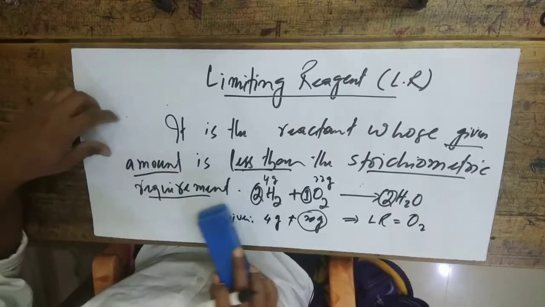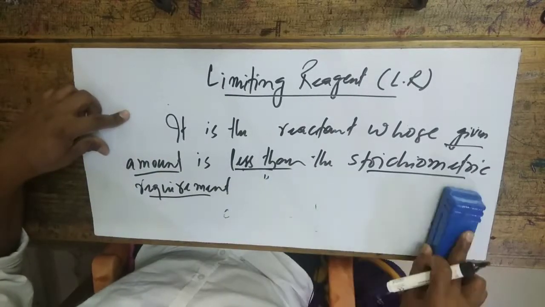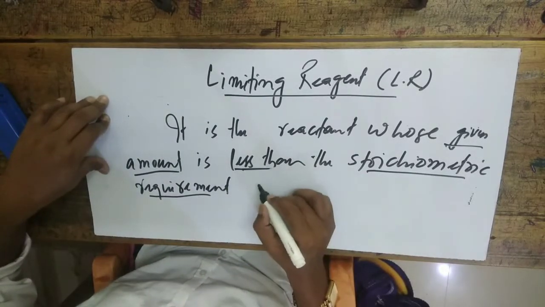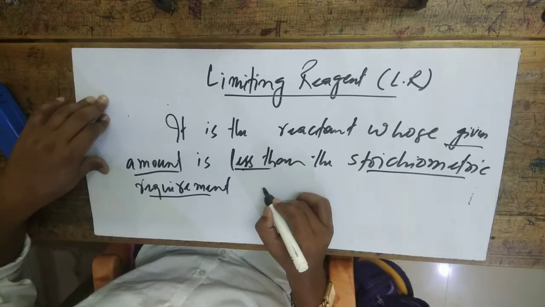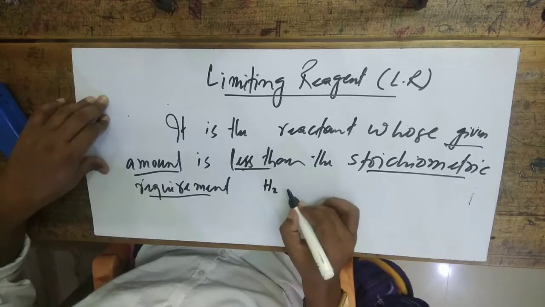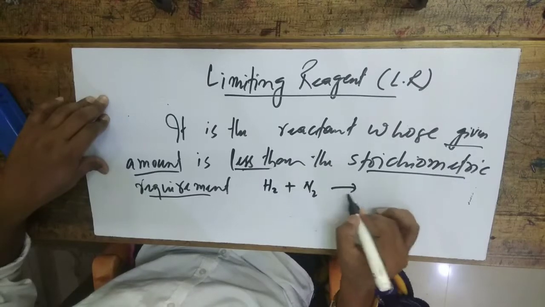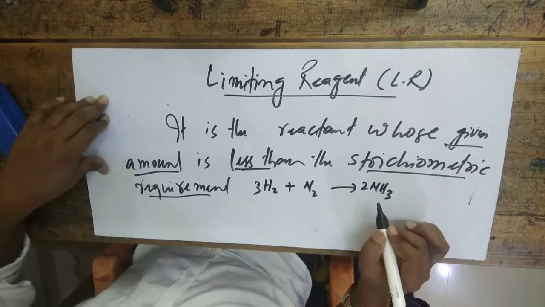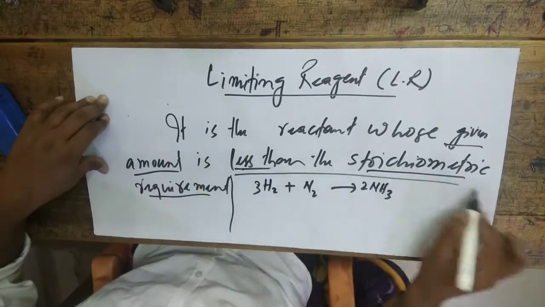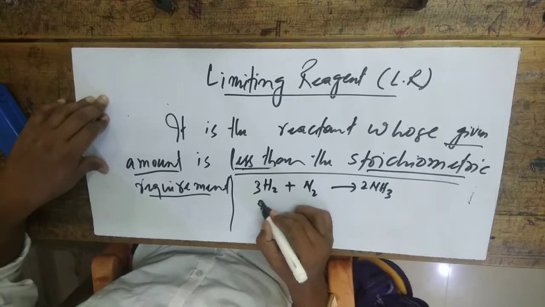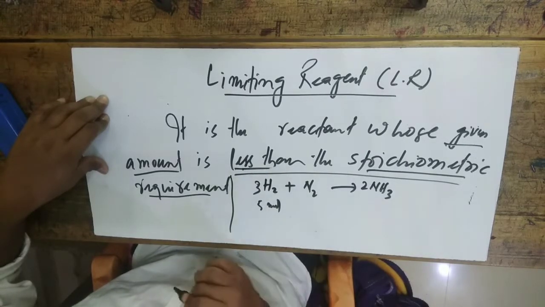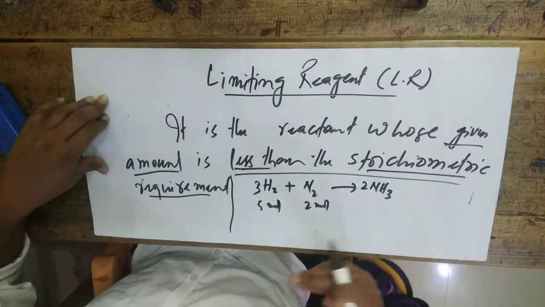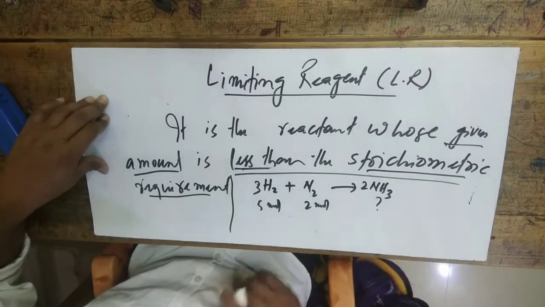Now let us take one more example in the form of a question. If this reaction is a balanced chemical reaction, and 5 mole of hydrogen and 2 mole of nitrogen are reacted, then what will be the mole of ammonia formed?